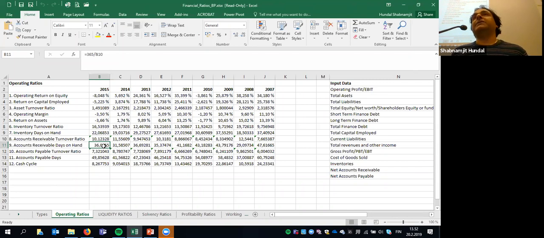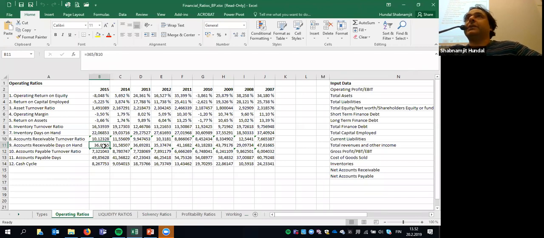I would say, considering that it's an oil company, considering that it's a B2B company, this 36 days is not a very bad period. But if this 36 days is for a retail store, Walmart, Morrison's, Sainsbury, Lidl, Prisma, it's a worrisome situation.